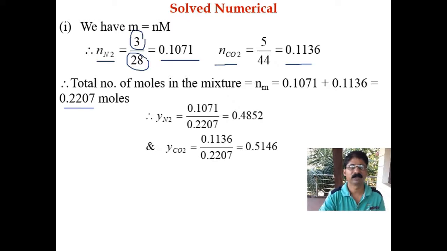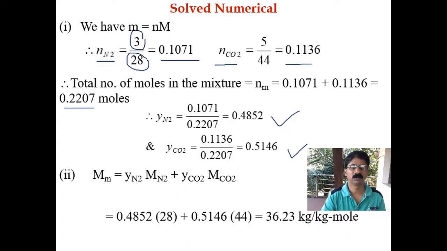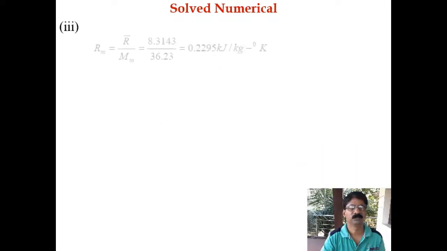Then mole fraction of N2 you'll get as 0.4852, mole fraction of CO2 as 0.5148. Then molecular weight of the mixture, usual formula, you'll get 36.23 kg per kg mole. Then the gas constant for the mixture is 0.2295 kilojoules per kg per Kelvin.